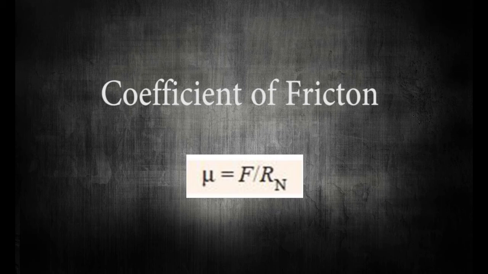So that is the coefficient of friction. It is enough for now. We will study the next points, the limiting angle of friction and angle of repose, in the next videos.